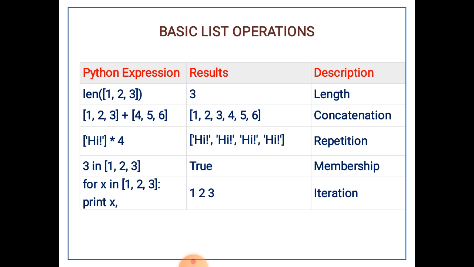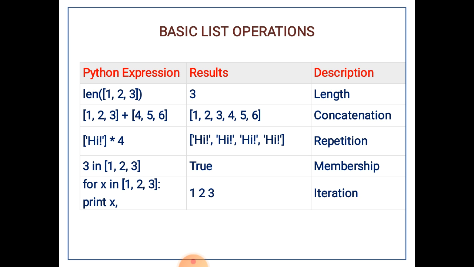Now we see the multiplication operator there, but it is called the repetition operator. As you look on the screen, it has repeated the list the number of times it has been given there.